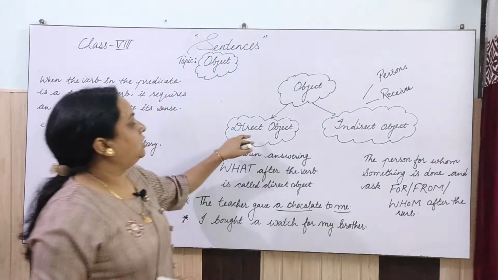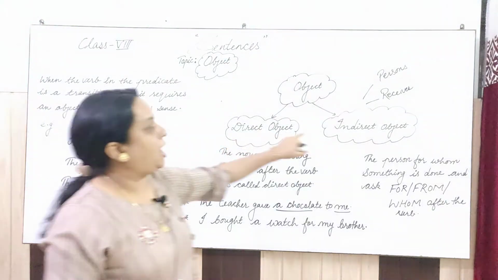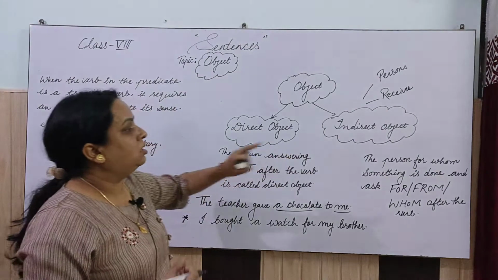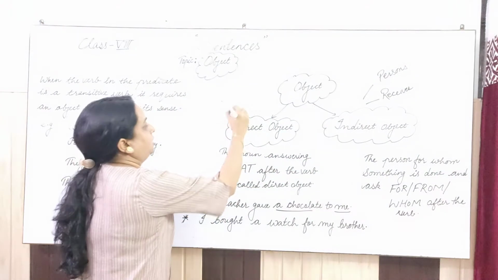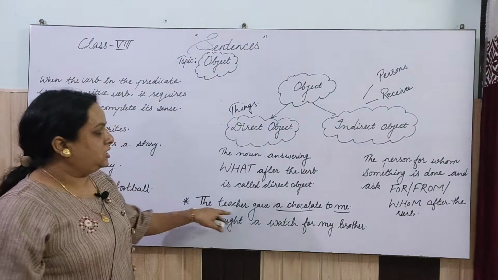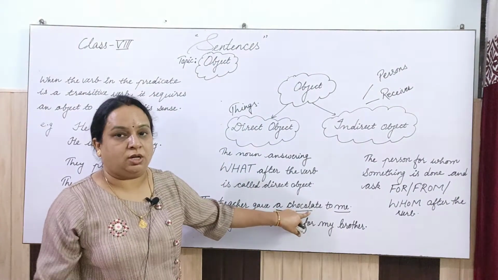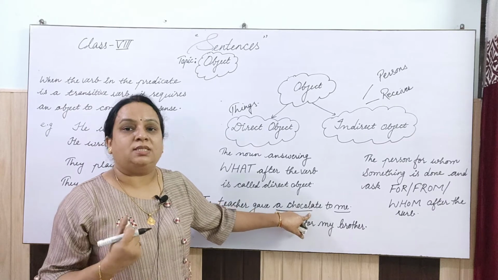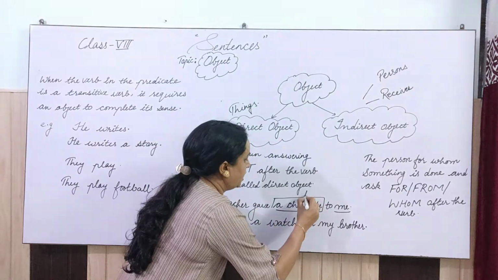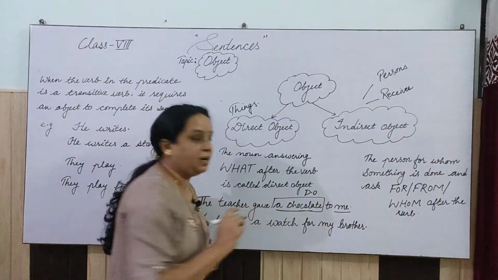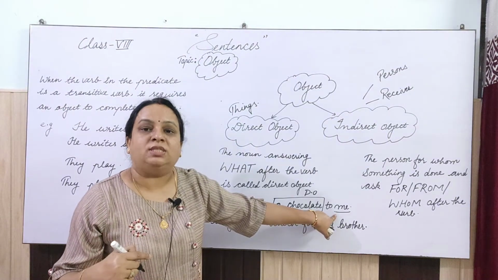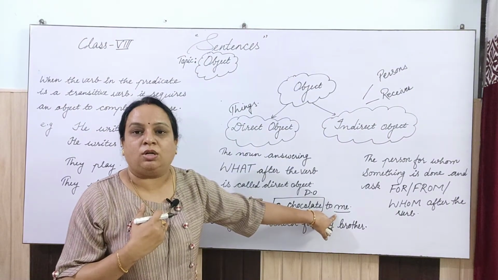I've told you the things are the direct objects and the persons or the receivers are the indirect objects. So the teacher gave me a chocolate, and chocolate is a thing. So what is the direct object here? This chocolate is the direct object. I'm writing DO for that. And who is the receiver? Who is getting? Me. Me is what? A person.